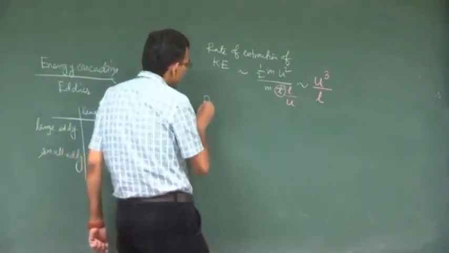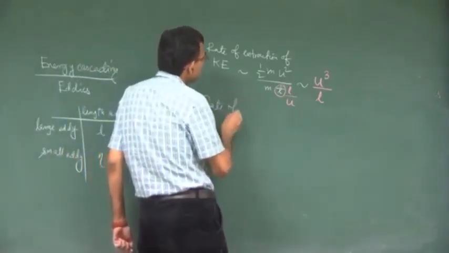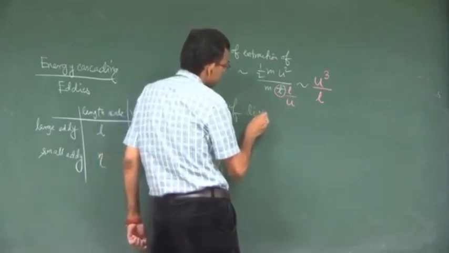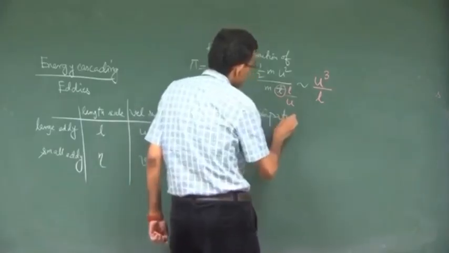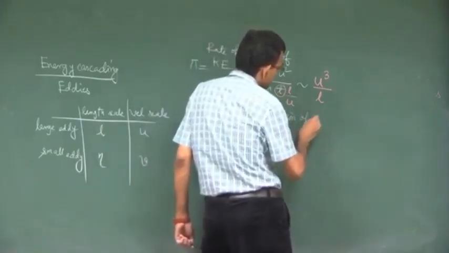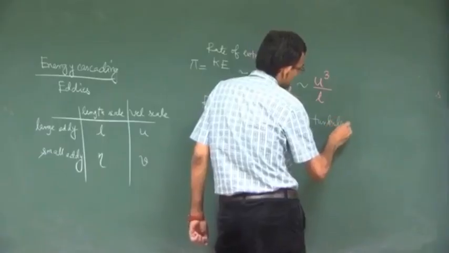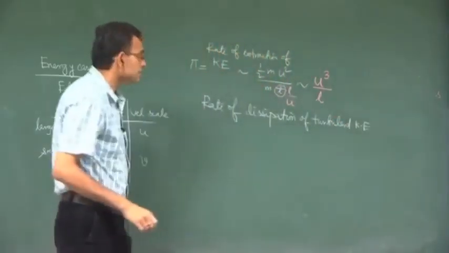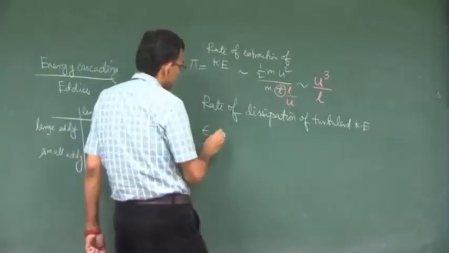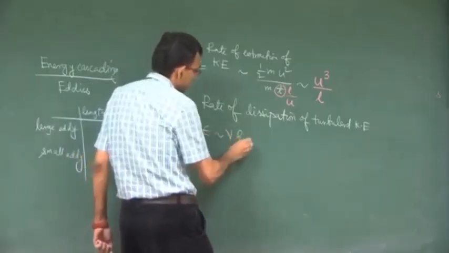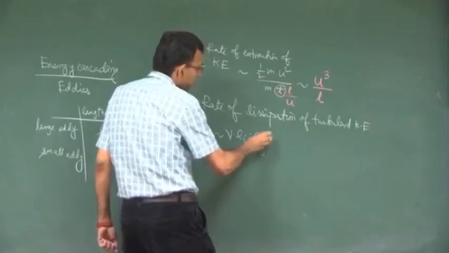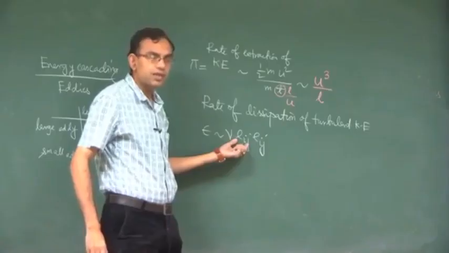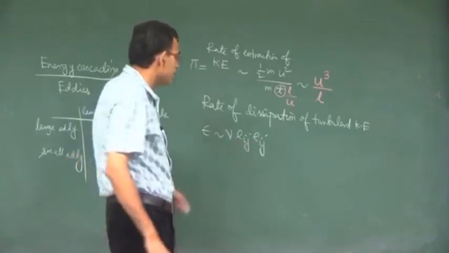And the rate of dissipation, let us call this as pi. This is the Eij, the rate of deformation that we have discussed earlier, nu is the kinematic viscosity.